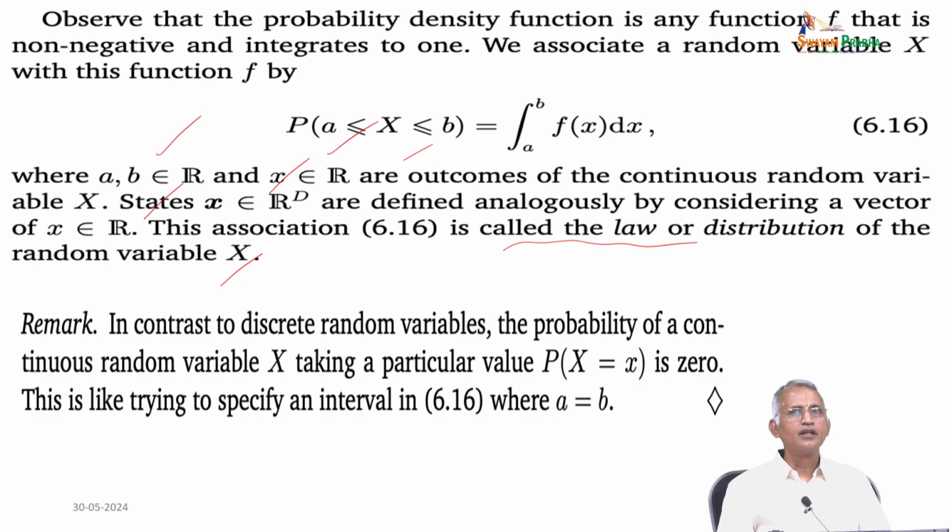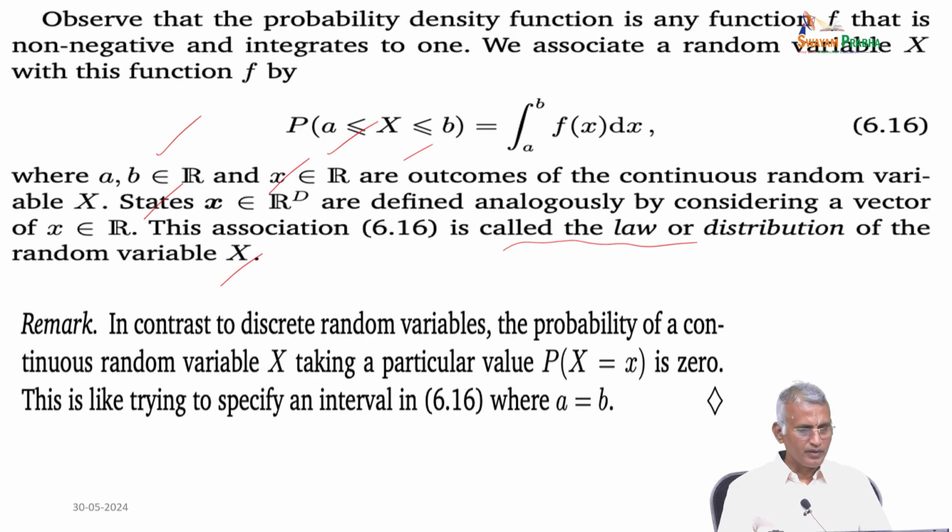So, this is the function associated with the distribution of a random variable. You fix a and b according to the possibilities of the event, it may lie between 2 and 3, or 0 and 1, or something like that. You take an event by fixing a and b, which generates the random variable.